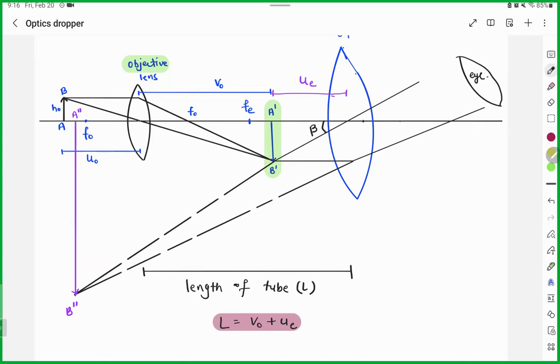So this is the optical center, and this is another optical center. If this is the focal length Fe here, this will also be Fe on both sides, because it is a convex lens.